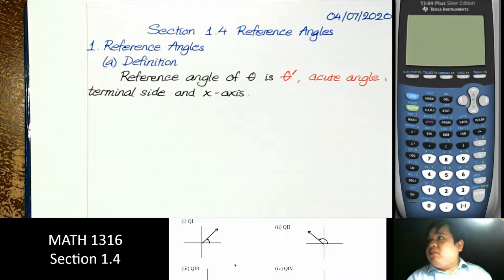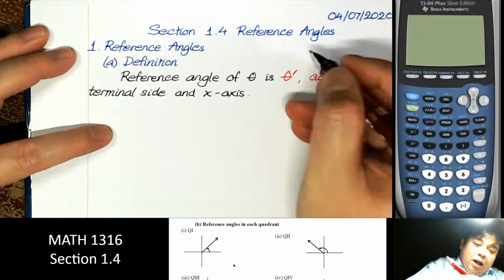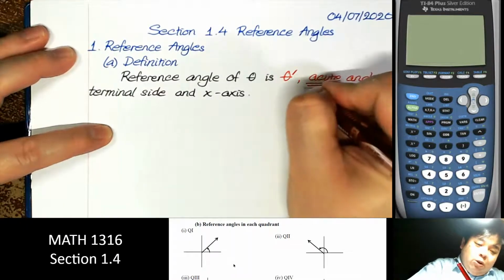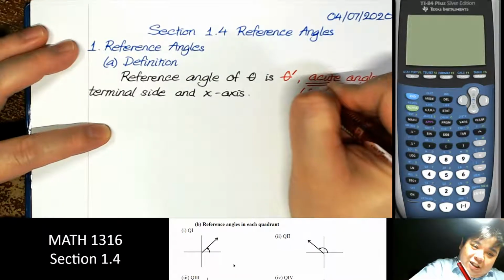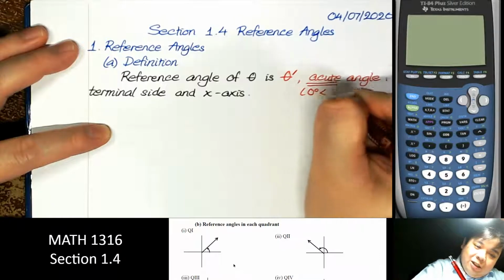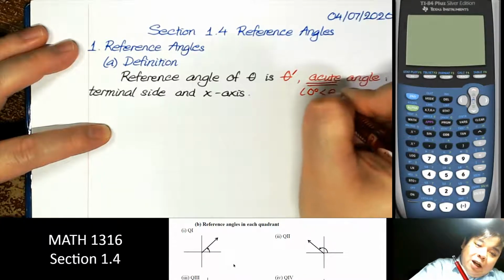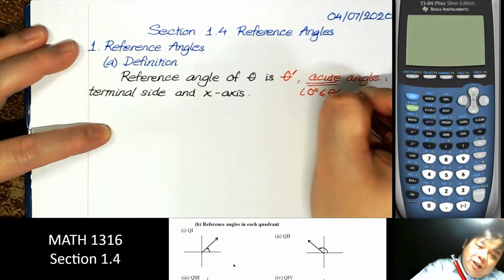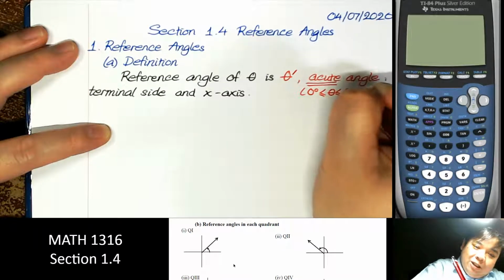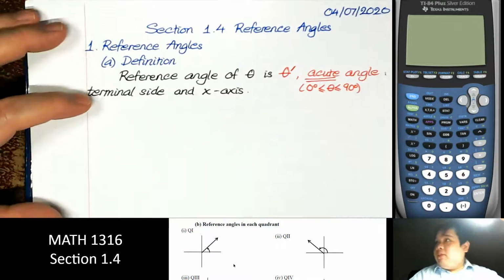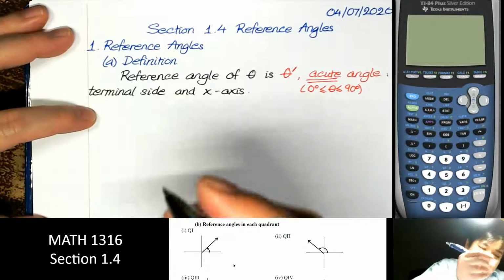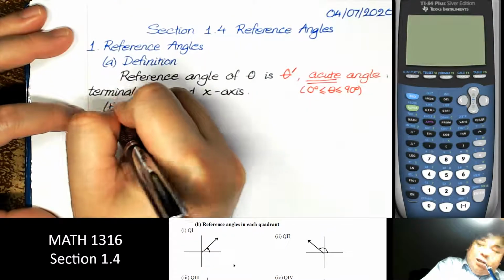So the key here is it has to be from 0 to 90 degrees, because it could be equal to. That is important.